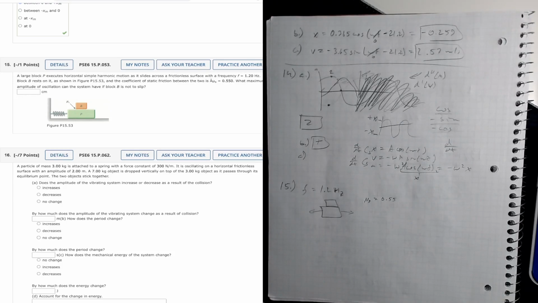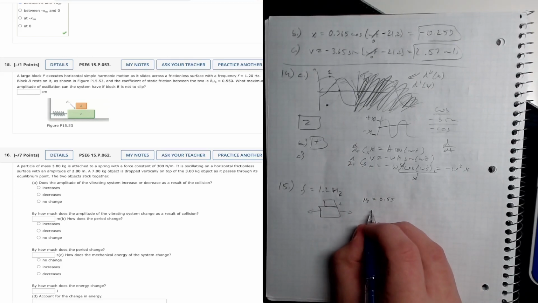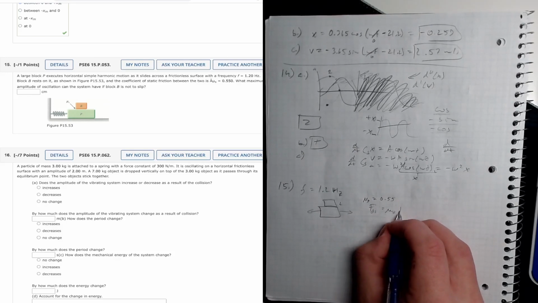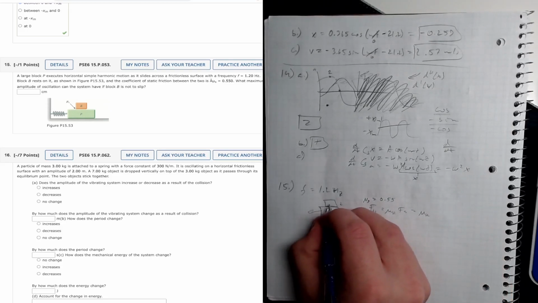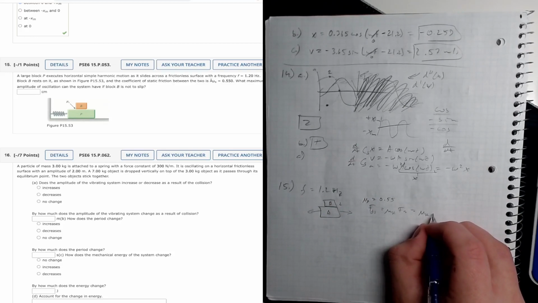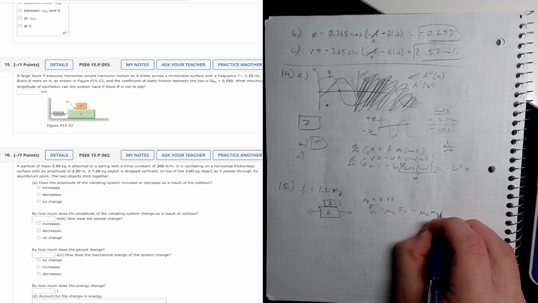I assume the first surface is frictionless. Alright, so we have to find the normal force on block B. Force of static friction equals mu sub s times Fn, which equals mu sub s times mb times gravity.